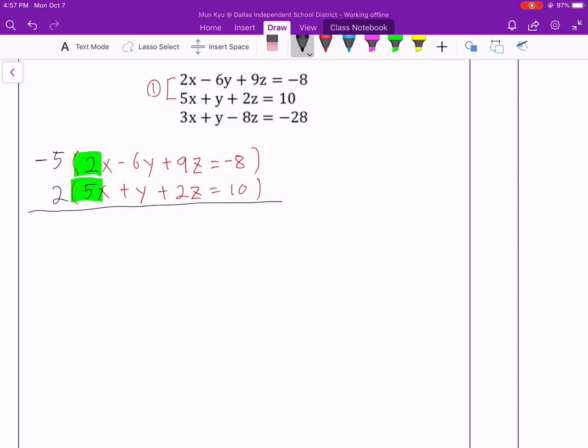Let's multiply. -5 times 2 is -10x. -5 times -6 is positive 30y. And -5 times 9z is -45z, equals -5 times -8, which is positive 40.